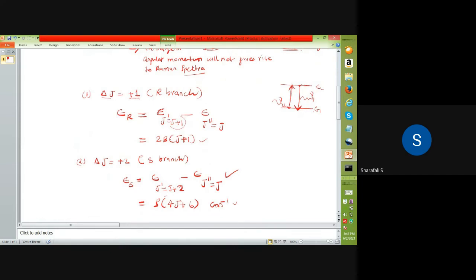So if you calculate the energy difference, E2 minus E1, you will get E equal to h nu. H is a constant. Basically, you are calculating nu, the radiation coming out from this transition. That will be given by this expression, in centimeter inverse, because it is not in hertz or kilohertz. That is the importance of this equation.